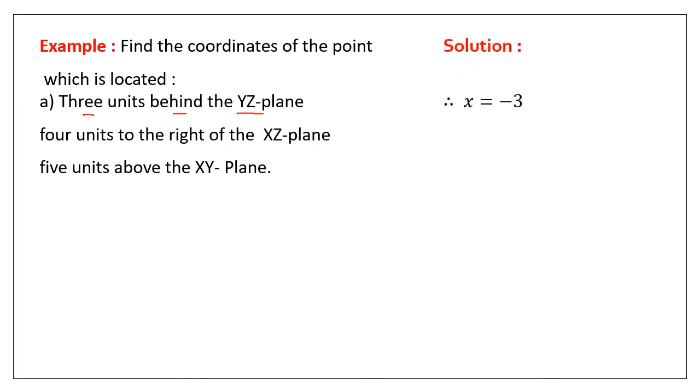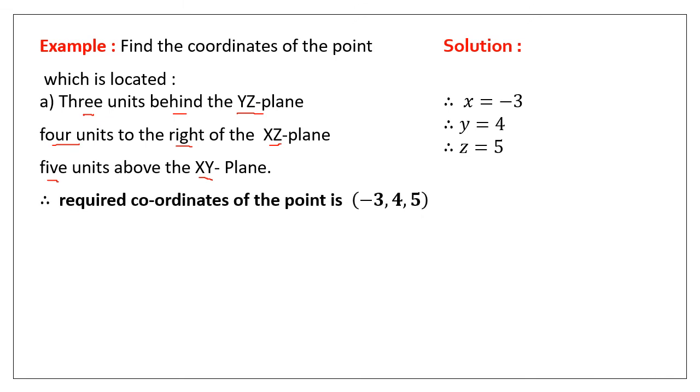Now 4 units to the right from the xz plane means y equals 4, and 5 units above the xy plane. Above the xy plane means upward, that is z equals 5. So the required coordinates of the point are minus 3, 4, 5.